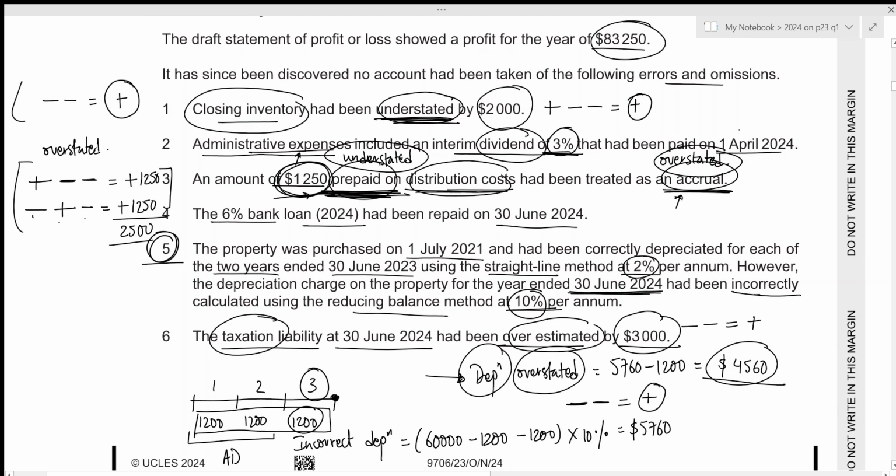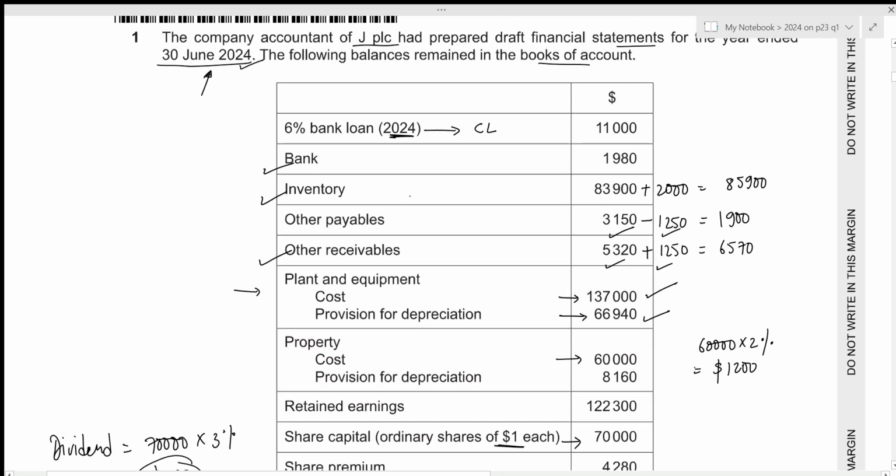Okay. Then we have the bank loan, which had been repaid. So if we are repaying the bank loan, it means that the amount will be gone from our bank account. So we need to remove the amount of the bank loan, which is 11,000, from the bank balance, minus 11,000. So the new bank balance will be 1,980 minus 11,000, which results in the negative value of 9,020. So now this becomes the bank overdraft.